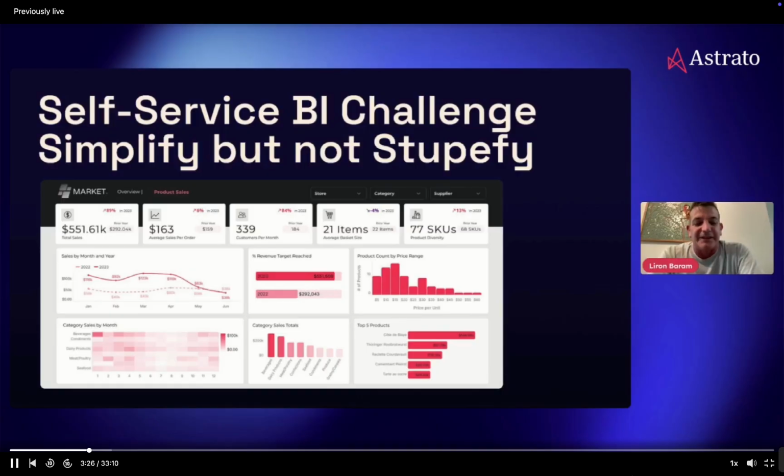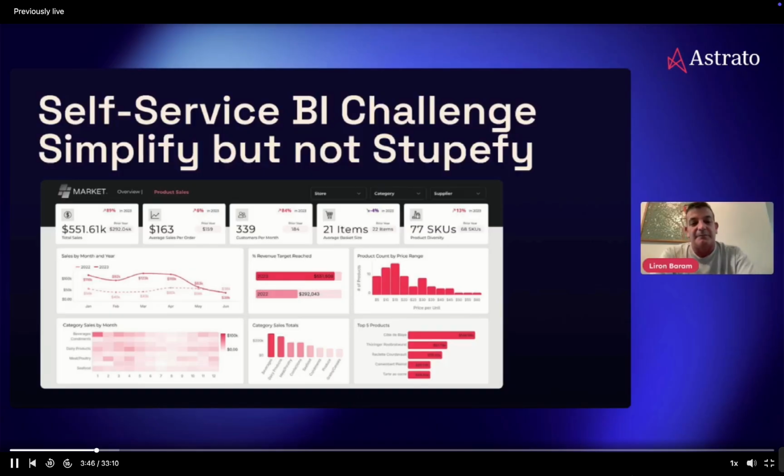In the past, the answer for self-service was to take a tool, remove all the more advanced functionality, and offer users a very limited power to do their analysis using those tools.